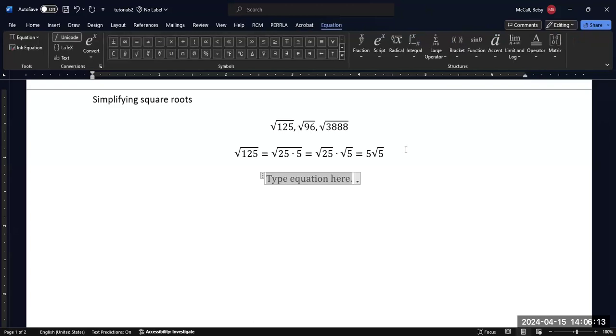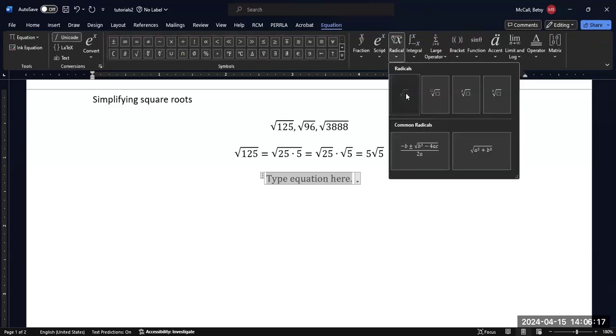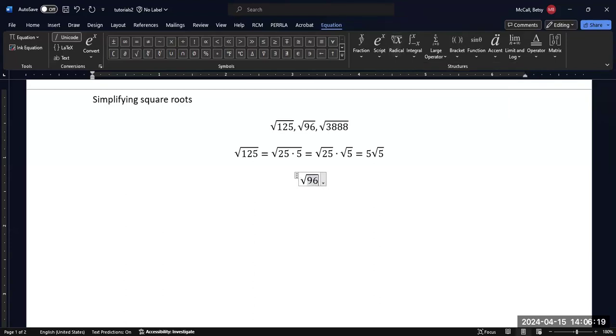Now, sometimes you can do this through an iterative process. Maybe you can't think of any big perfect squares that go into 96. We could do this in one step, but what you can do is do this in several steps. So 96 is an even number, so we know it divides by 2, but does it divide by 4?